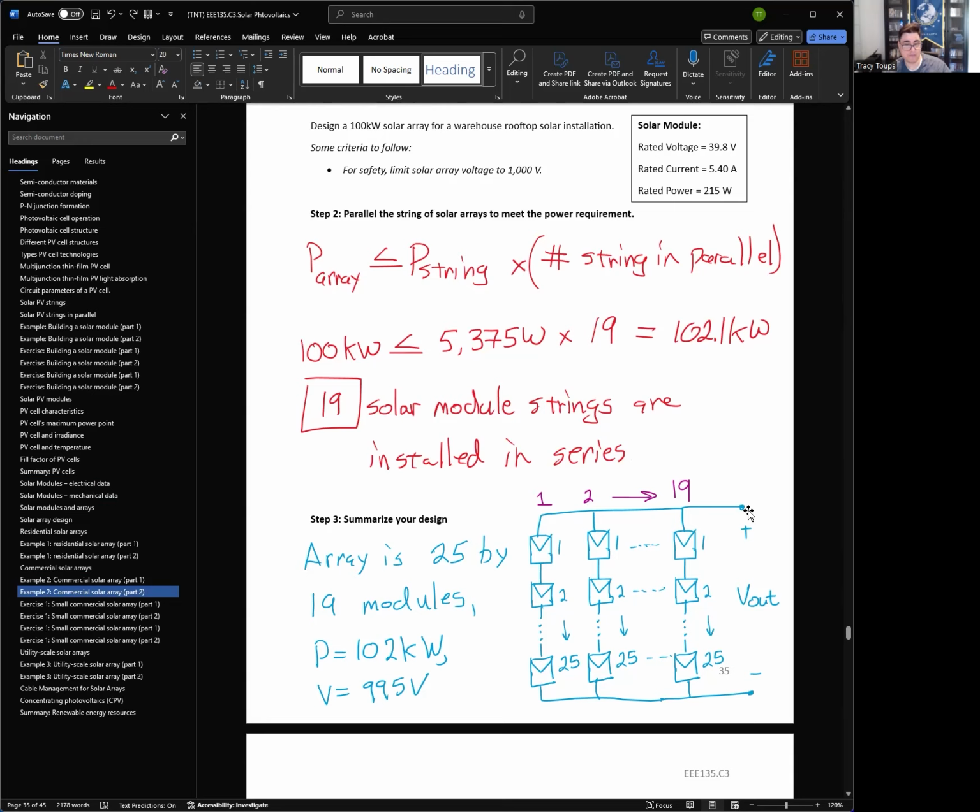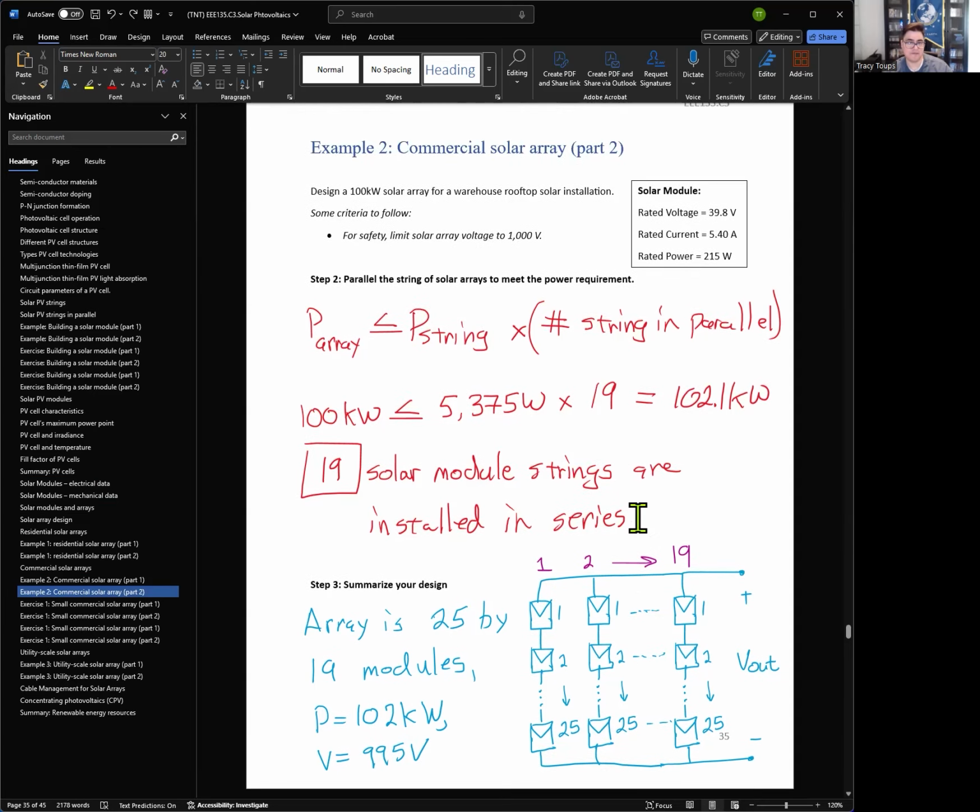Our total power of the system is 102 kW. Our voltage is right under 1,000 at 995. I didn't ask this, but what's the total number of modules we have? I got my calculator: 25 by 19 is 475 modules. Okay, that's a lot. Almost 500 solar modules installed on the rooftop.